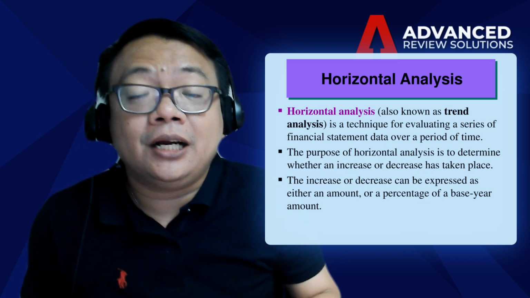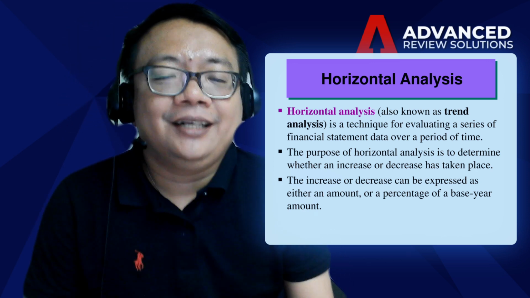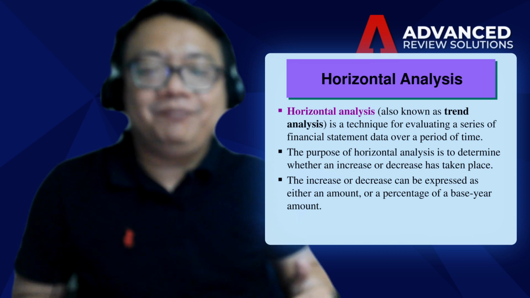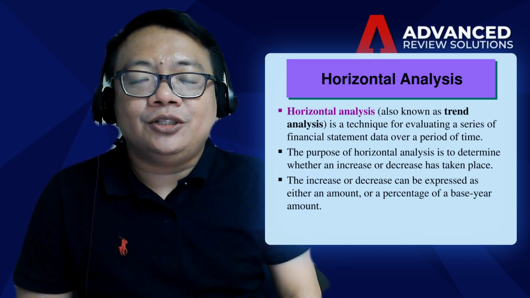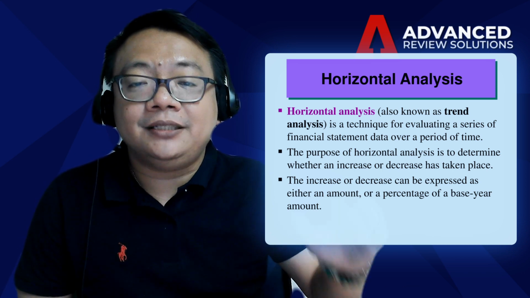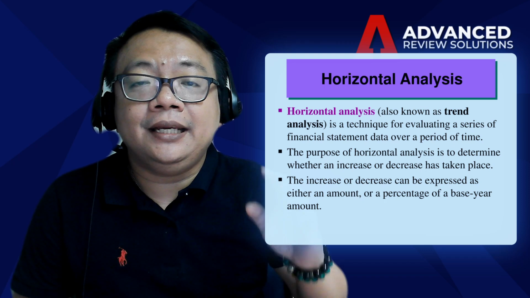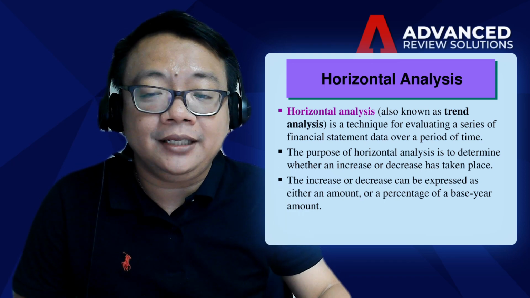That is the main goal of our trend analysis. That is why it is called trending: an increase or decrease of one particular account. The increase or decrease can be expressed as either an amount. Please take note, very important here is to have an amount, or a percentage, or a base year.